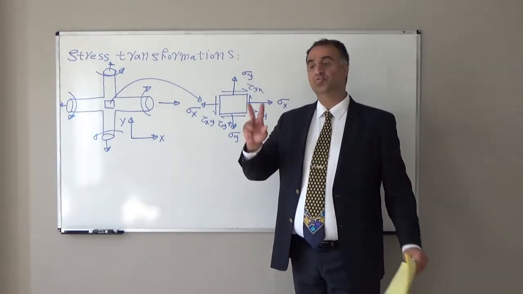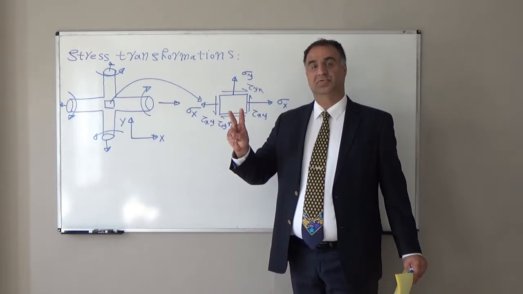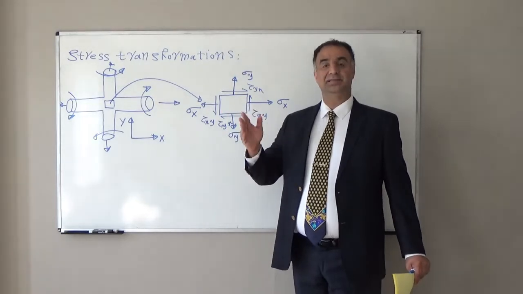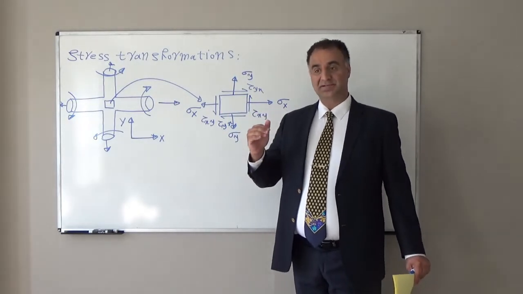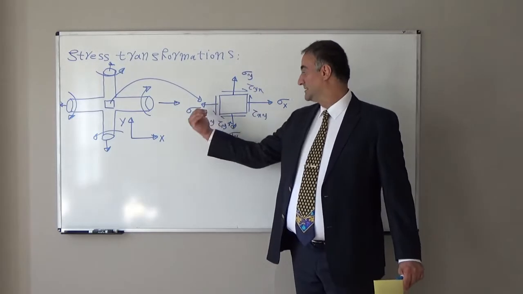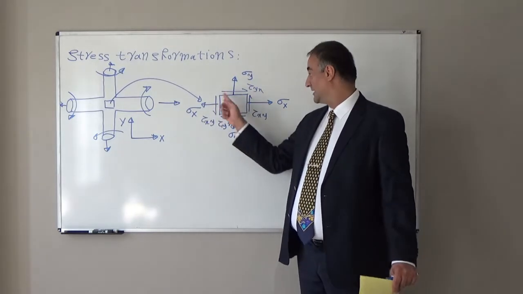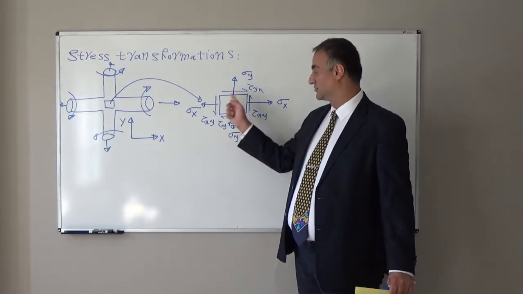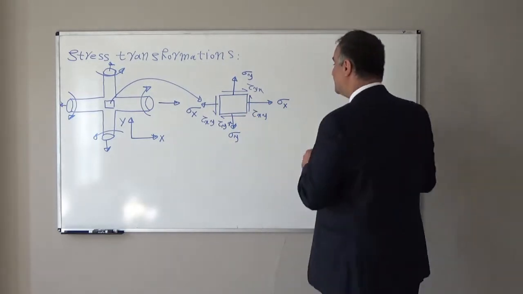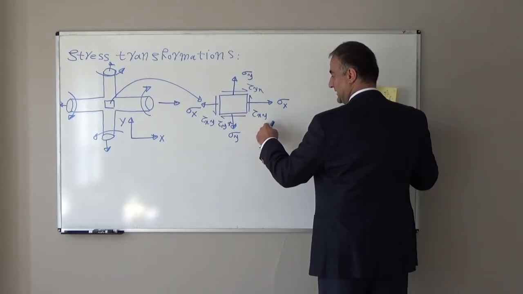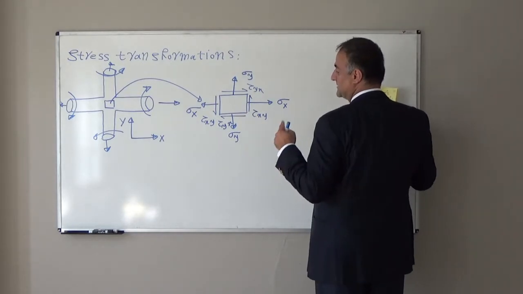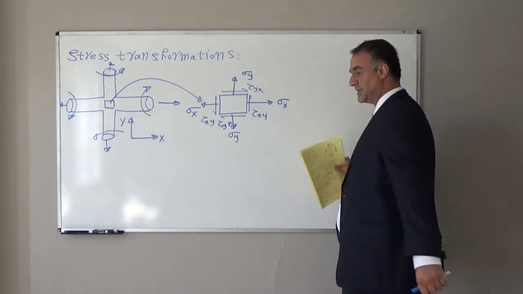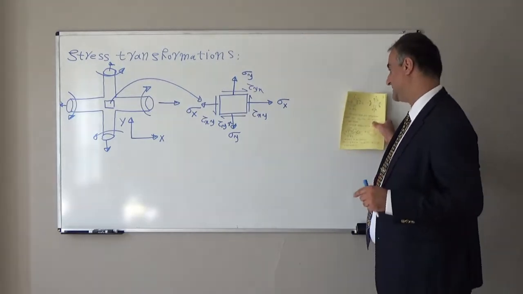We will always have two types of stress, normal and shear. Normal stress is sigma, perpendicular to the surface. Shear stress is tau, tangent to the surface. Why do we call this tau xy? Tau means it is shear stress, tangent to the surface.